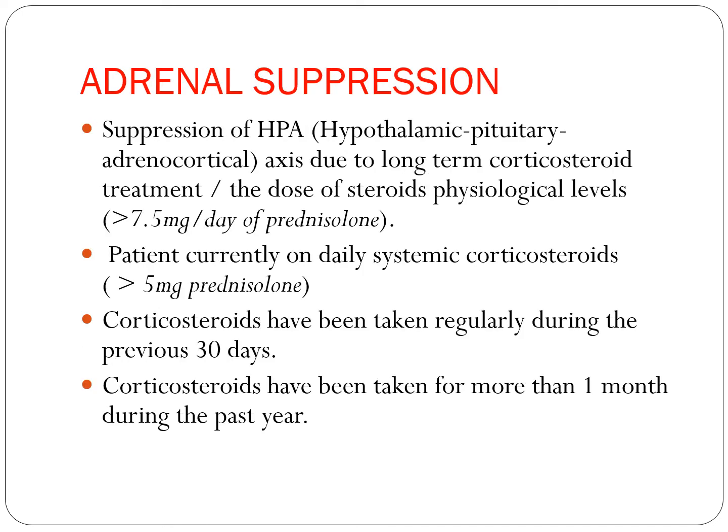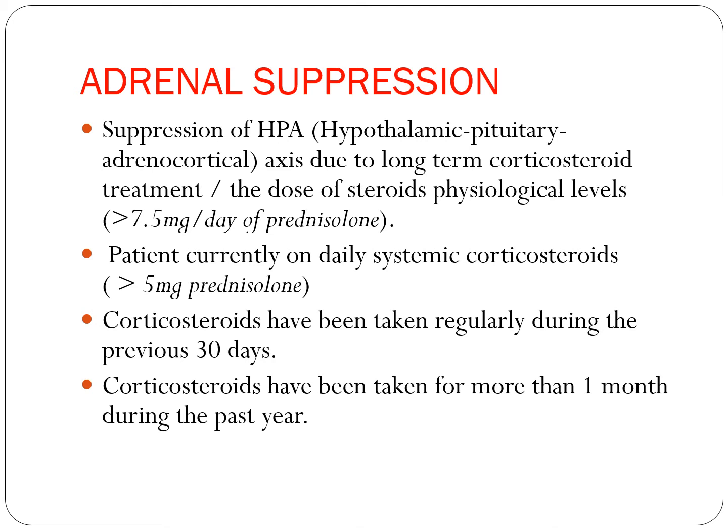Next one, adrenal suppression. Suppression may occur in the hypothalamic pituitary adrenocortical axis due to long-term steroid treatment or the dose of steroid. That means we can think about it if the patient is taking 7.5 milligram per day of prednisone, or is currently taking a systemic steroid like more than 5 milligram prednisone. So you memorize that thing.